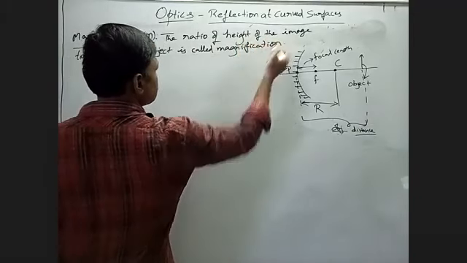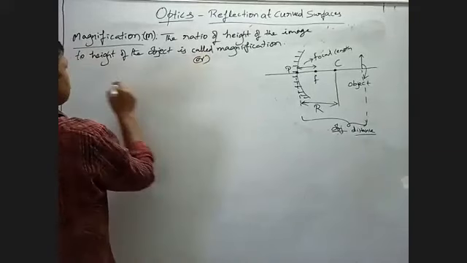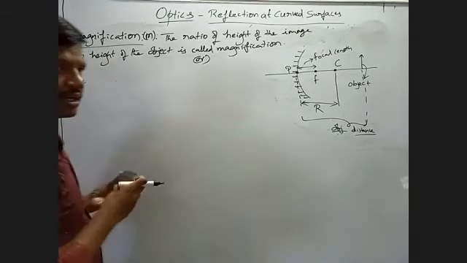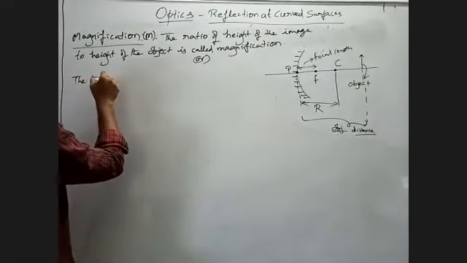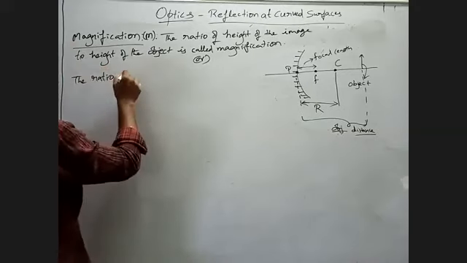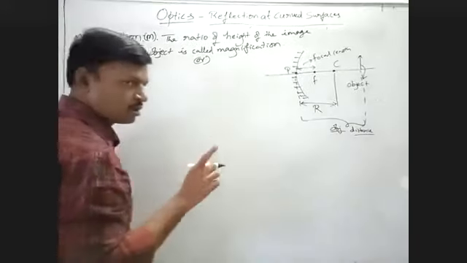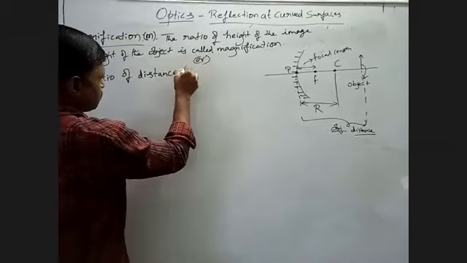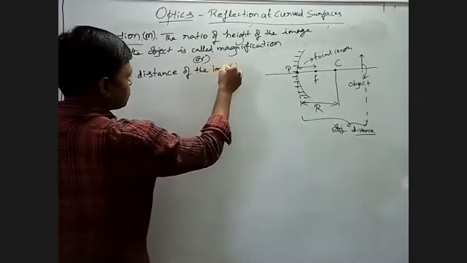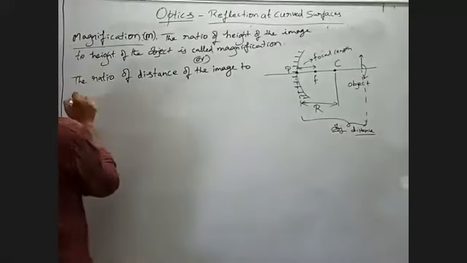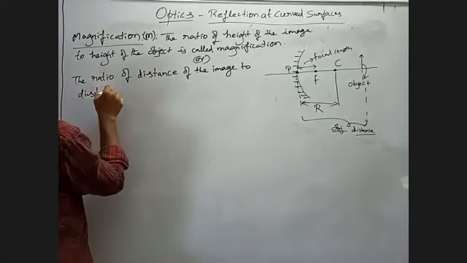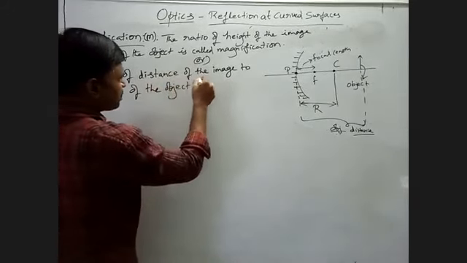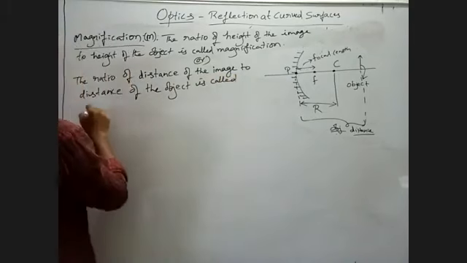The same definition you can also write as the ratio of the distance of the image to the distance of the object, which is called magnification.